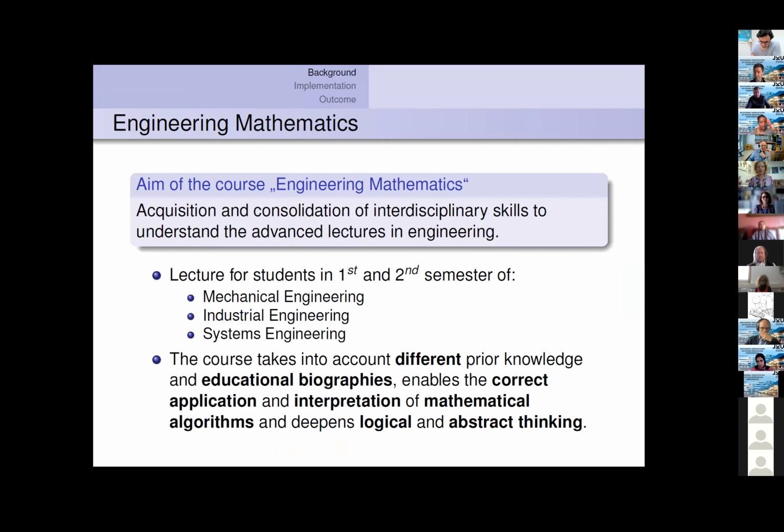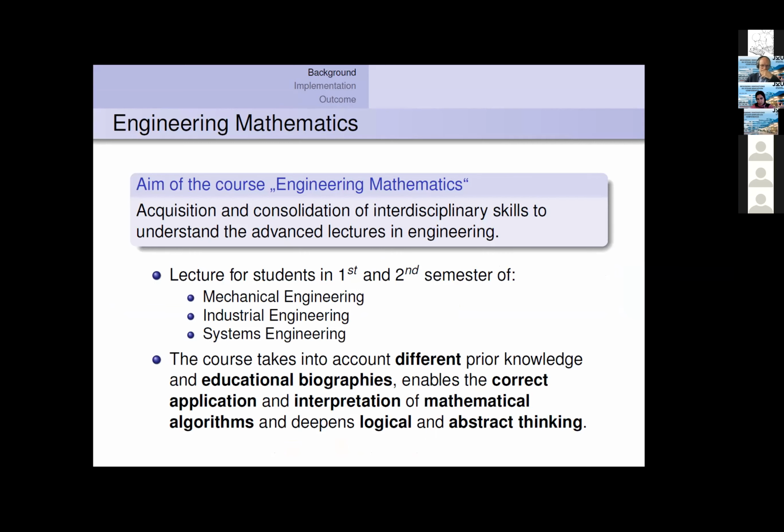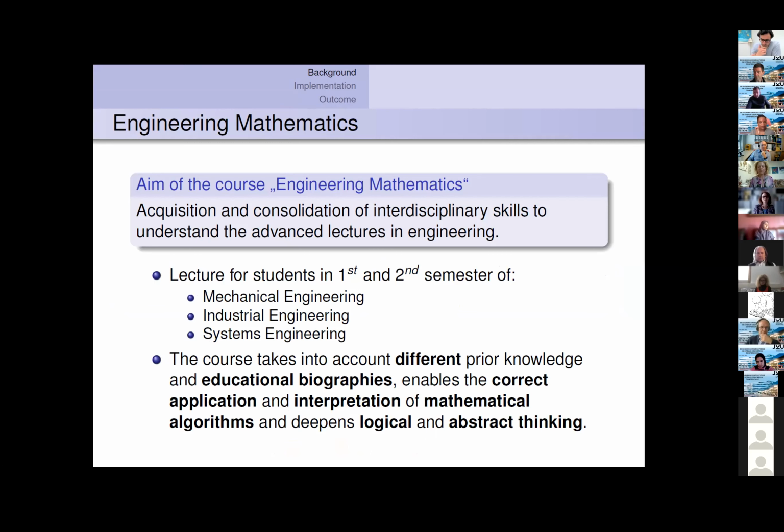The aim of the course, Engineering Mathematics, is the acquisition and consolidation of various interdisciplinary skills to understand further advanced lectures in engineering.